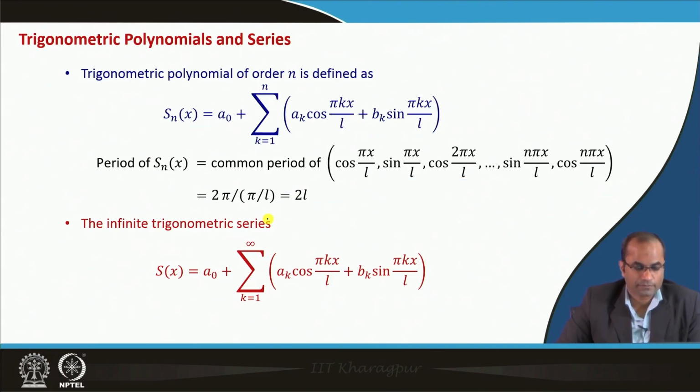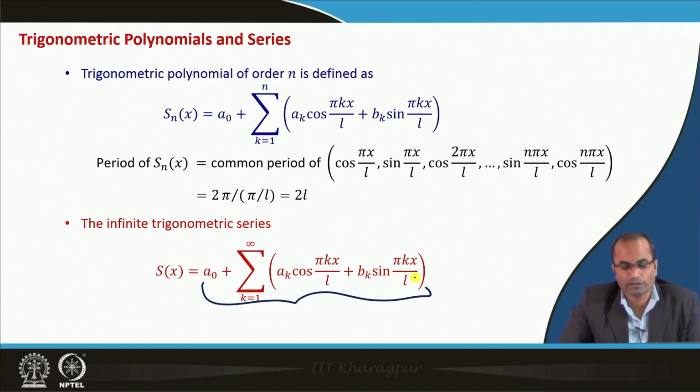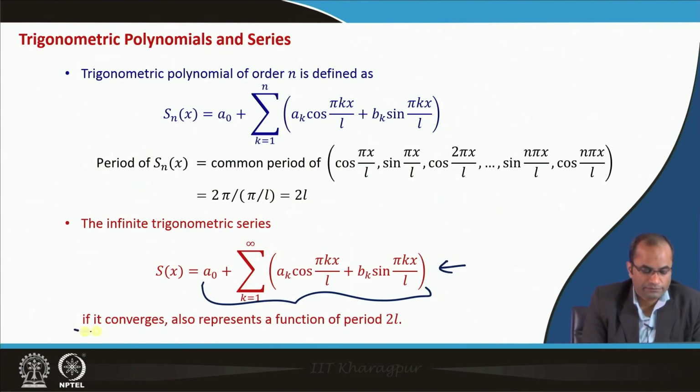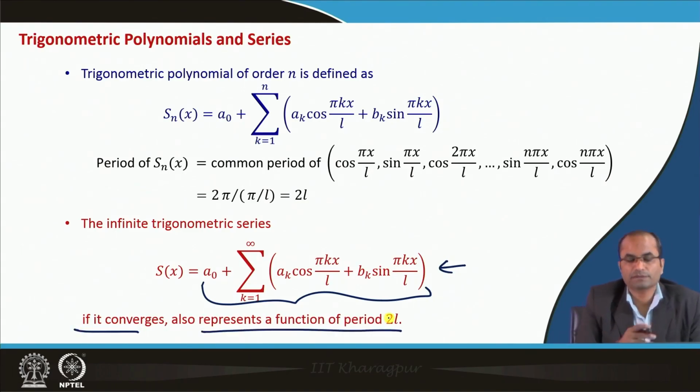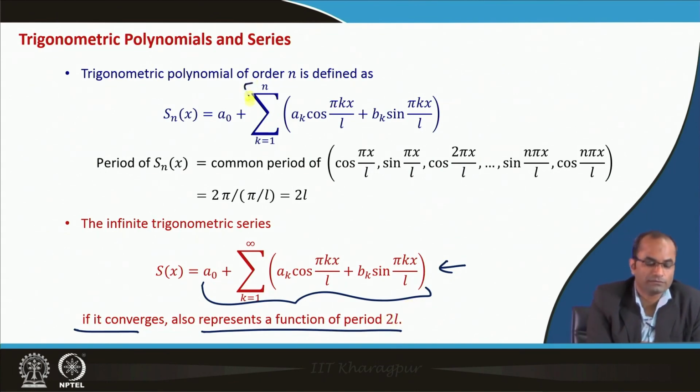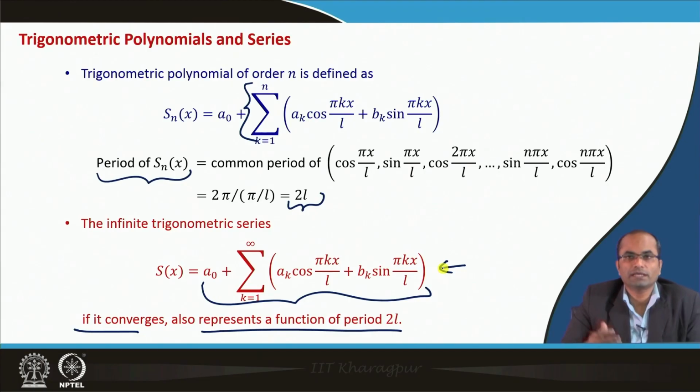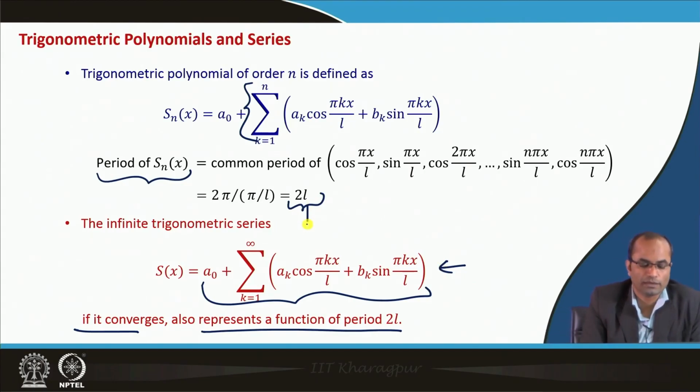In this case, if this series converges, and this is another interesting point, because now we are talking about infinite series and the series may not converge, but if it converges, then it also represents a function of period 2L. Because when n is finite, we have seen that the period of S_n(x) is 2L. Now we keep on adding these terms, but that common period will not change; it will remain 2L itself.